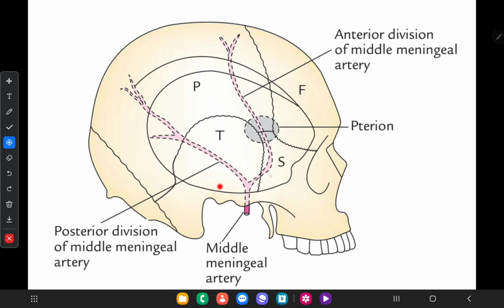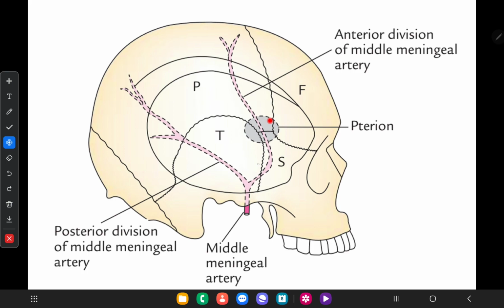Then, the anterior division of the middle meningeal artery lies in a groove on the greater wing of the sphenoid bone at the pterion. The pterion is a point where four bones meet together: the parietal bone, frontal bone, sphenoid bone, and the temporal bone.